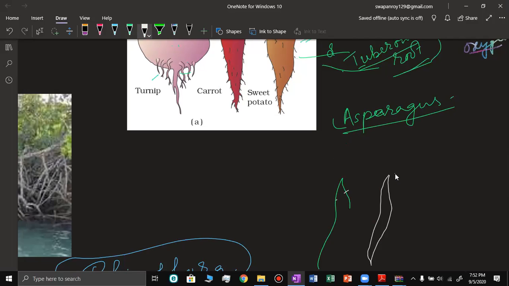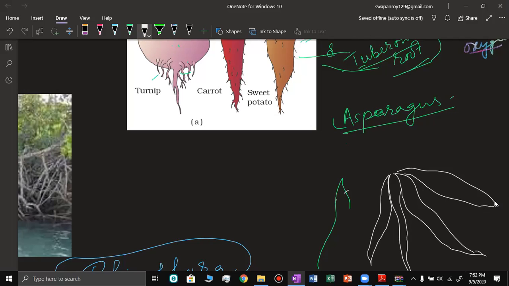Sweet potato like roots, several roots, and this is like a bunch. So fascicle or bunch, so it is sometimes known as fasciculated root.